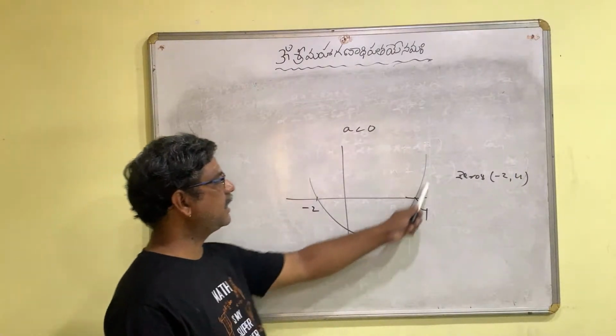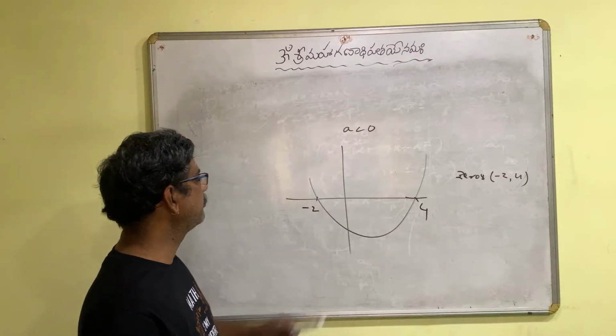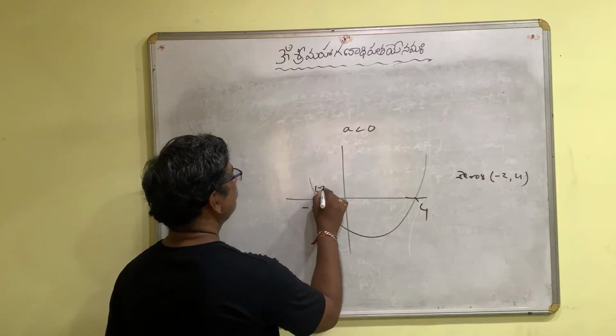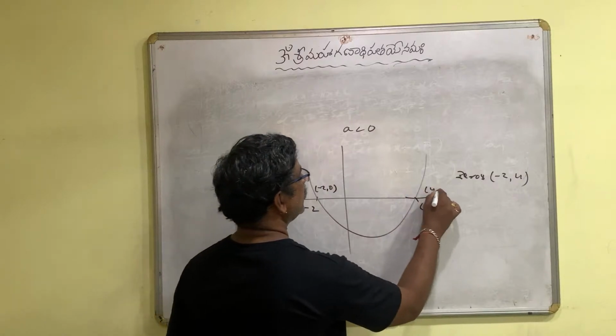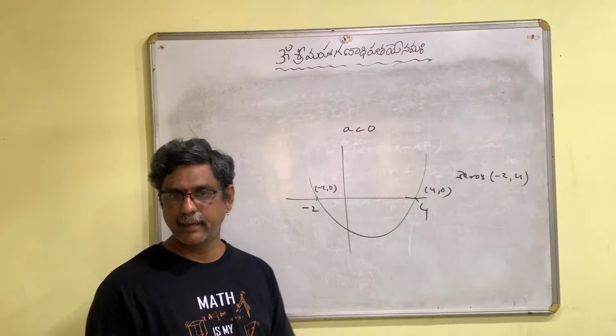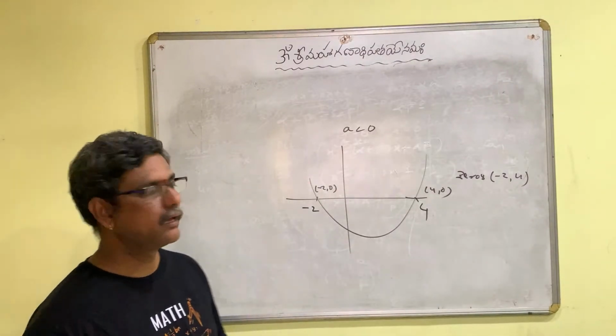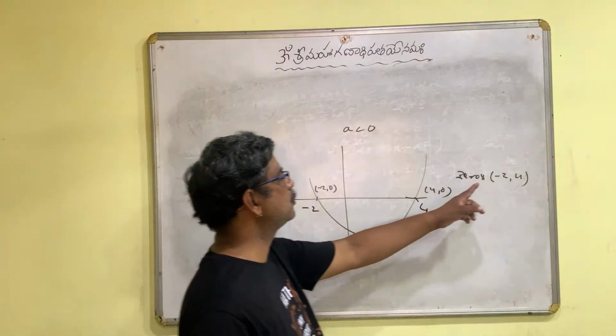The parabola touches the graph at -2, 0 and 4, 0. So the zeros of this parabola are -2 and 4.